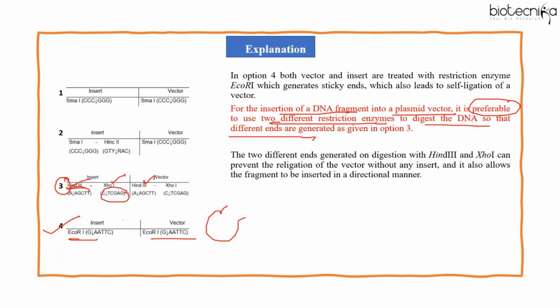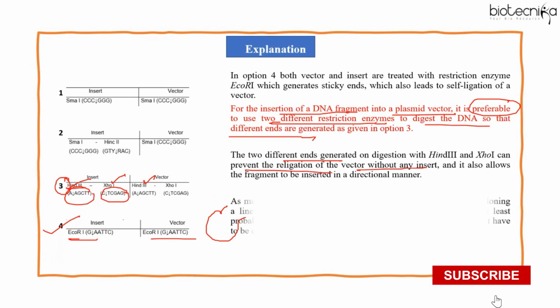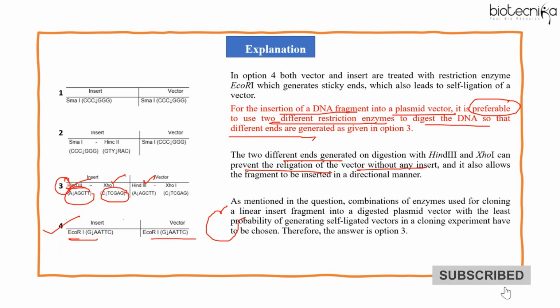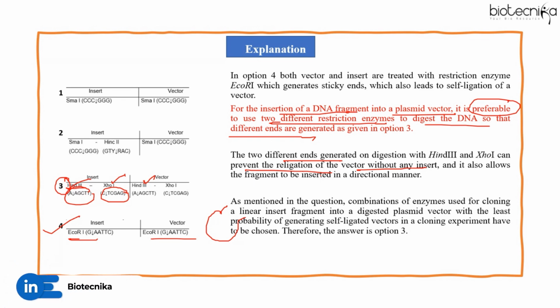You can see the sequences are not the same. So the 2 different ends generated will prevent the religation of the vector without any insert. And therefore, as we have to find out the combination of enzymes which results in the least probability of generating a self-ligated vector in a cloning experiment, the answer here is option 3.